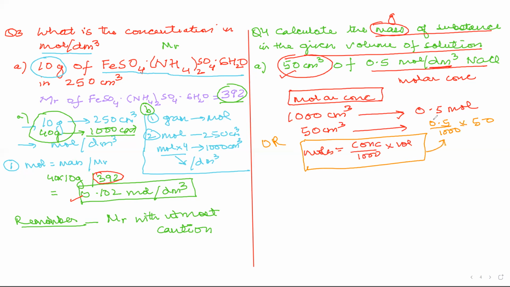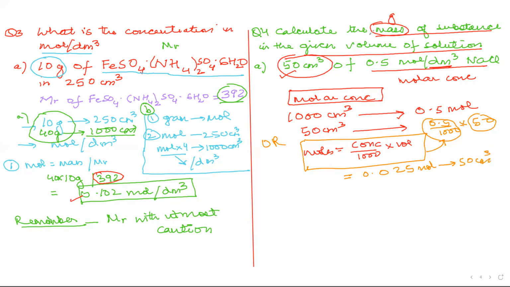This is the concentration and this is the volume, so concentration multiplied by volume gives the moles. The moles I'm getting is 0.025, which is there in 50 cm cube.